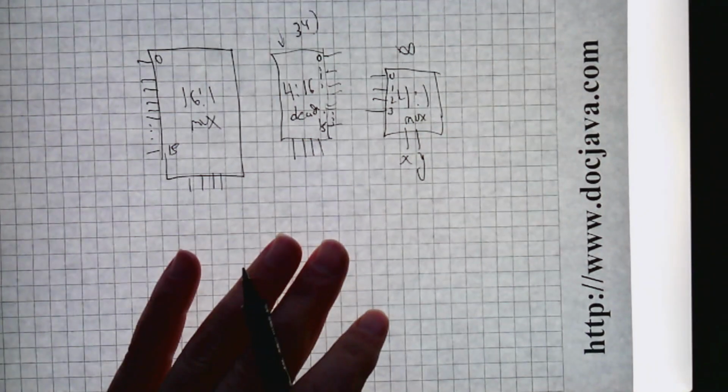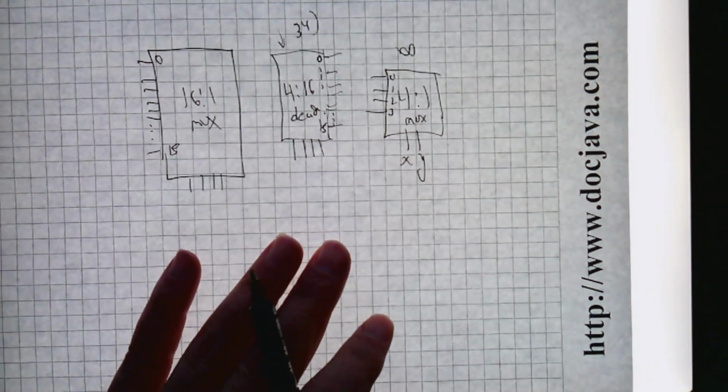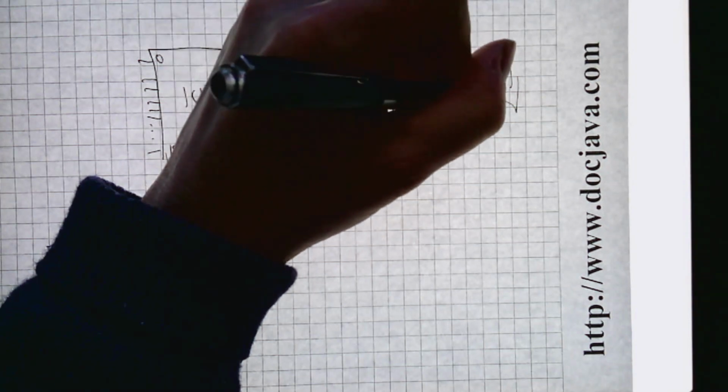What can I do with lots and lots? How many do I need to build a 32-to-1? I need a 32-to-1 multiplexer. So that's 0 through 31, and 8, 16, 32. So it's going to be A, B, C, D, E, and then function output.